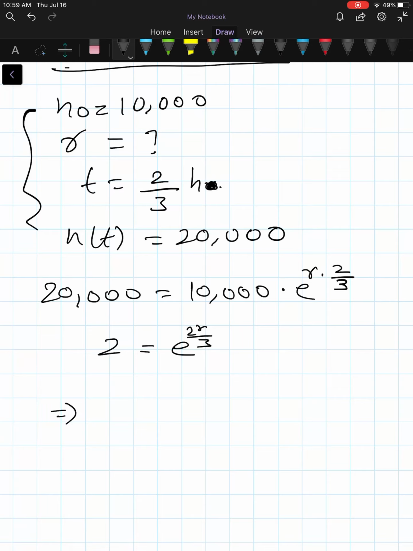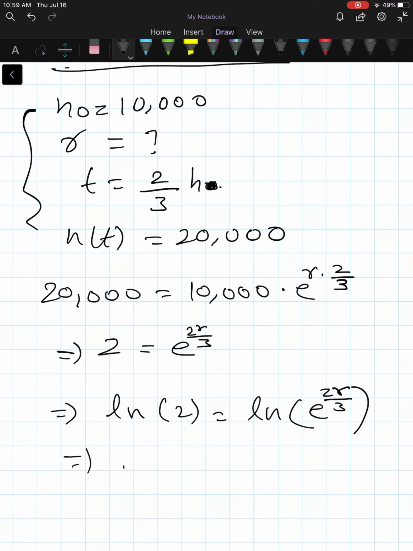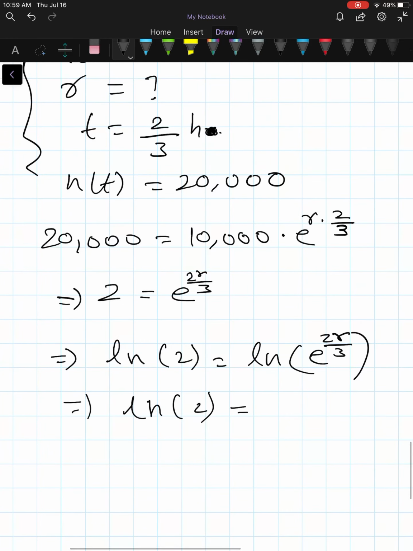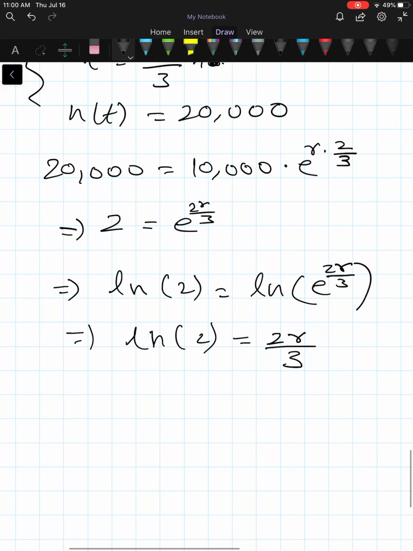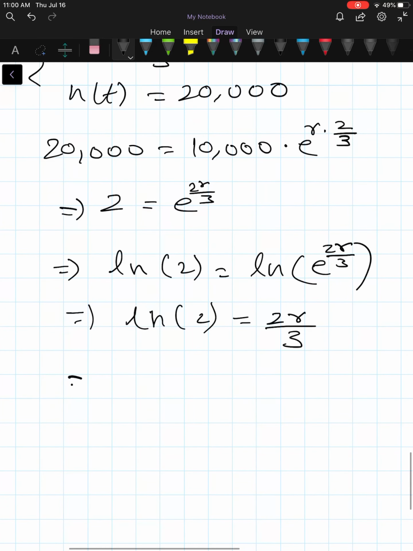Now applying log on both sides. You can take log or you can take ln, because ln will cancel out the base. So ln of 2 is equal to ln of e to the power of 2r by 3. This implies ln of 2 is equal to 2r by 3 itself, because of base e and base e, applying one of the properties of logarithms.